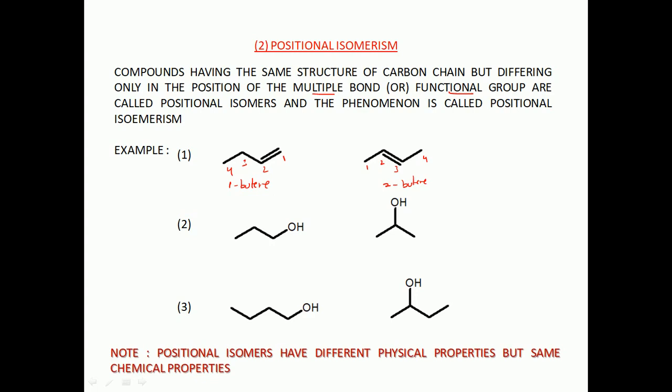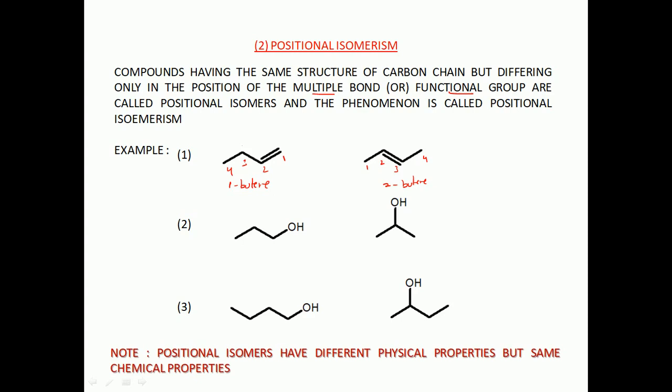What is the difference between the first structure and the second structure? The difference is that in the first structure you have the double bond on the first carbon atom. In the second structure you have the double bond on the second carbon atom. So these two compounds have the same structure of carbon chain, that is, 4 carbons in a chain.